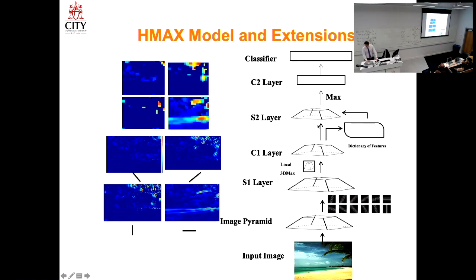And here, by multiplying, I mean finding the closest item. So I calculate the distance from each 4 by 4 area in this C1 layer with a 4 by 4 filter that I have in this bank, and I calculate how similar this object is to the one I have in my dictionary of features. And then I take the maximum, which is the best match to that dictionary feature, and I create a vector. This vector is the size of this dictionary of features.